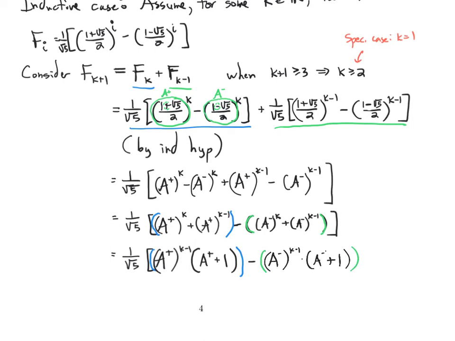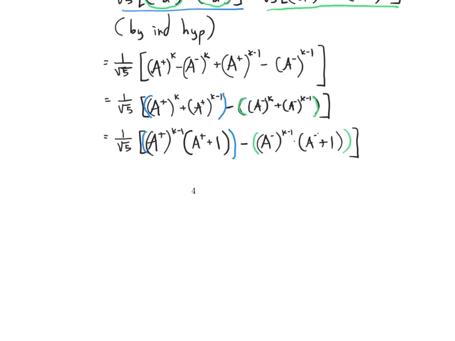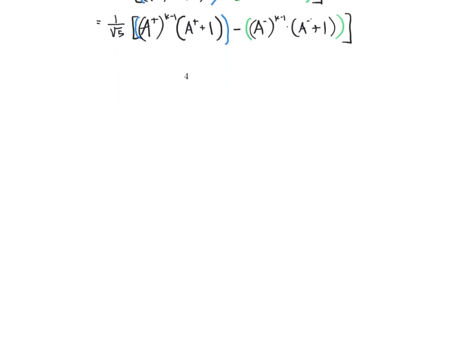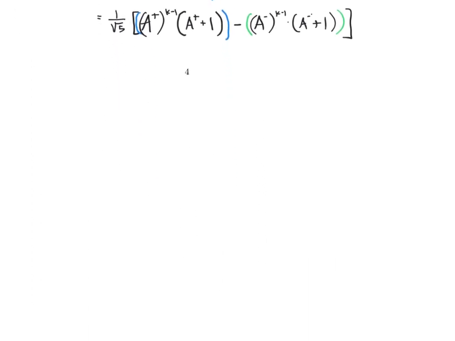Okay. So we did that, and it might be kind of easier to put our values for a plus and a minus back in, so we can start simplifying this a little more. And again, this is just a big old algebraic simplification.